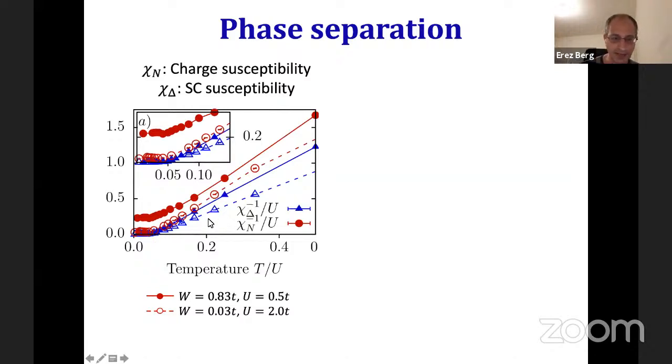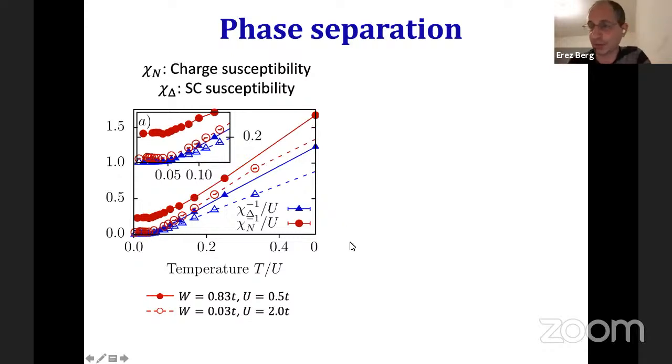The superconducting susceptibility is the triangles. The inverse goes down, the susceptibility diverges, and this is about Tc. But you see that the charge susceptibility, which is circles, is only slightly lower in inverse, and eventually it saturates close to Tc. But it is enhanced by a very large factor as you lower temperature.